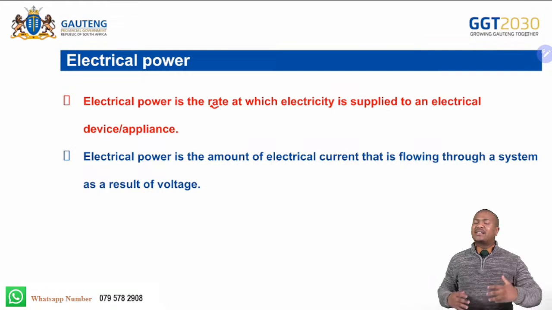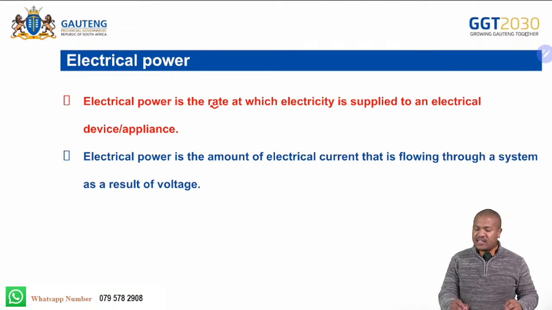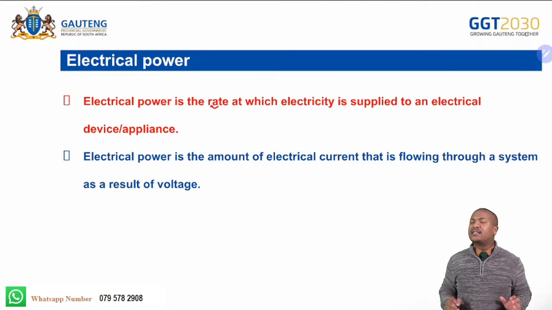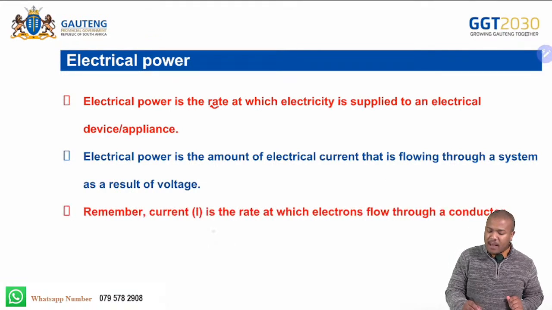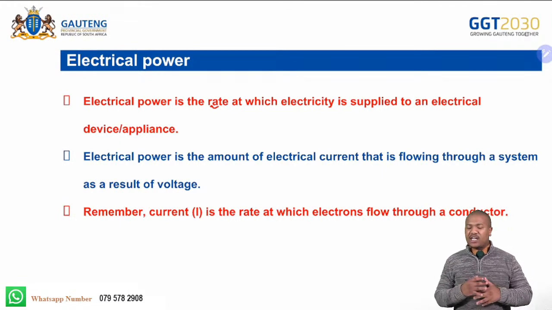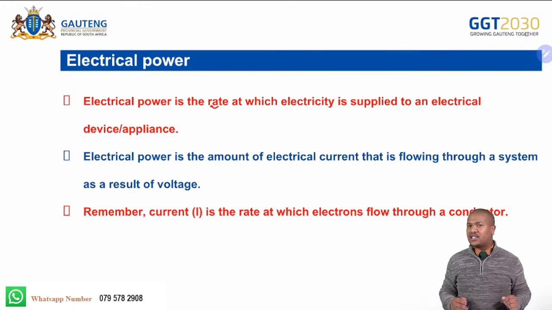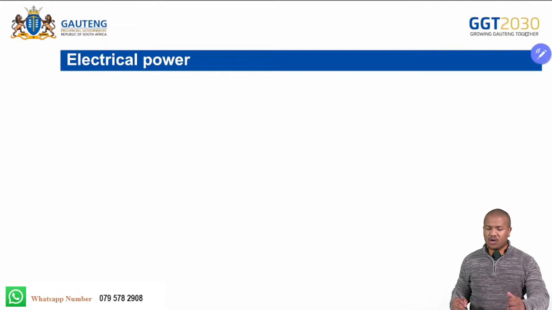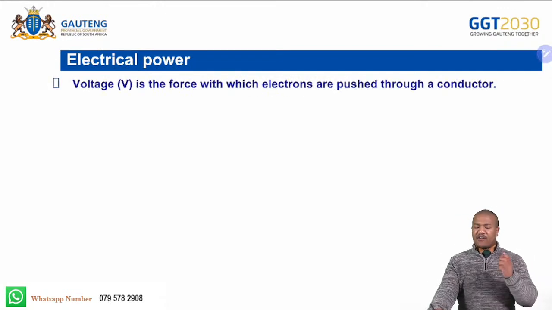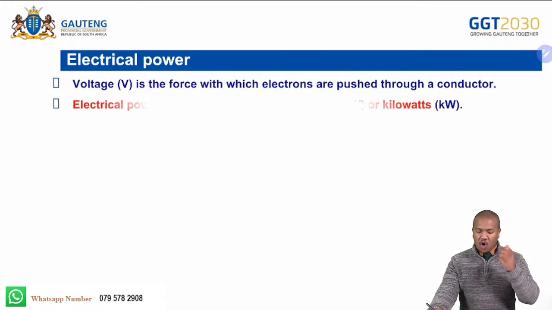So electrical power is the amount of electrical current that is flowing through a system as a result of voltage. And also remember this. Remember that current is the rate at which electrons flow through a conductor. So now, also, voltage is the force with which electrons are pushed through a conductor.